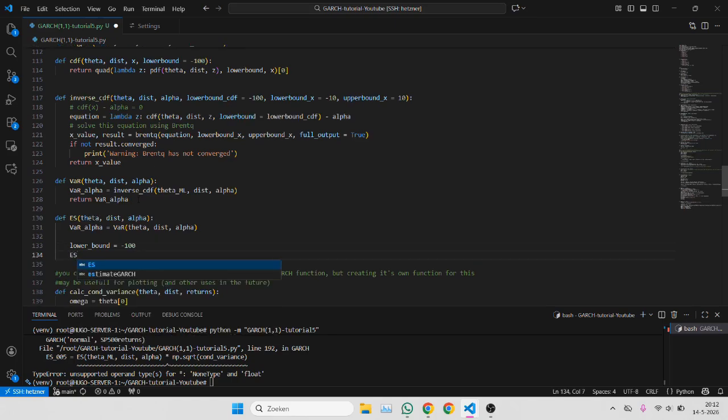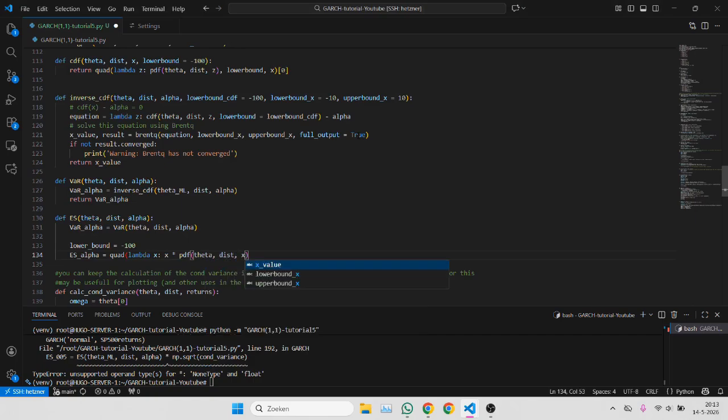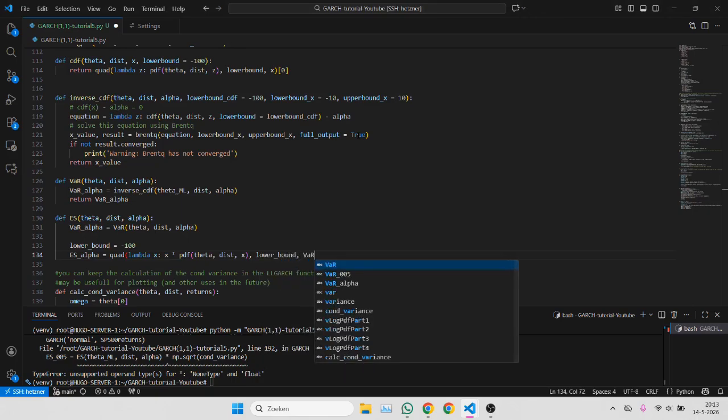Then the ES at alpha is an integration, so we use the quad function. And then we use lambda, we are integrating over x. We do x times the PDF of x, and we are integrating from the lower bound we just set to the value at risk at alpha.